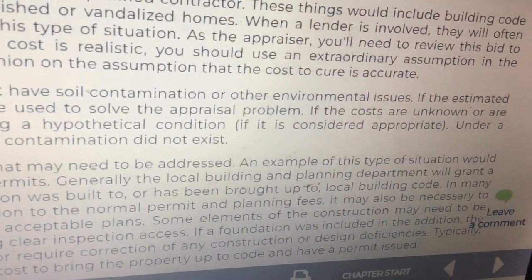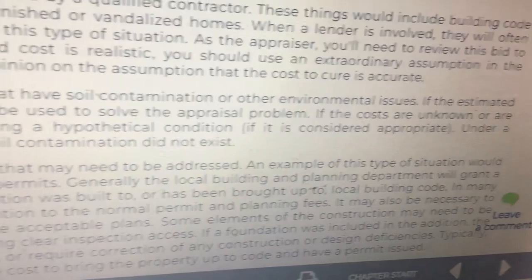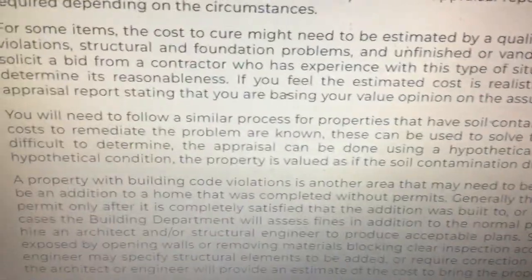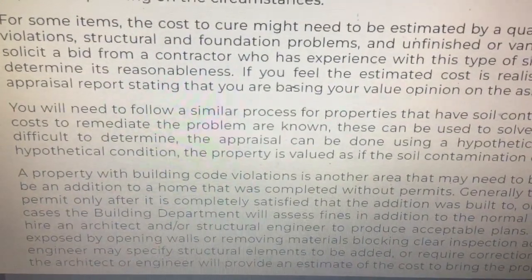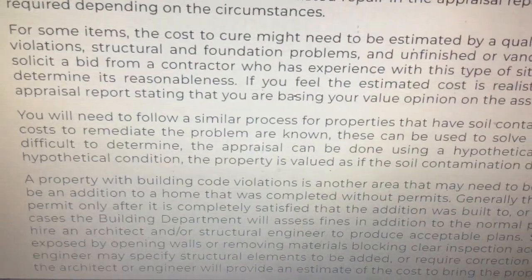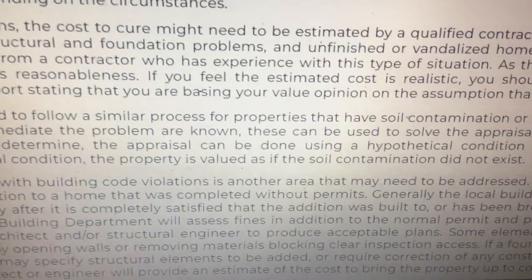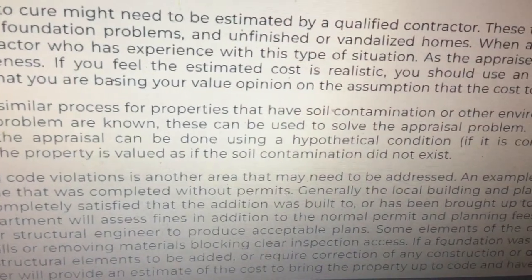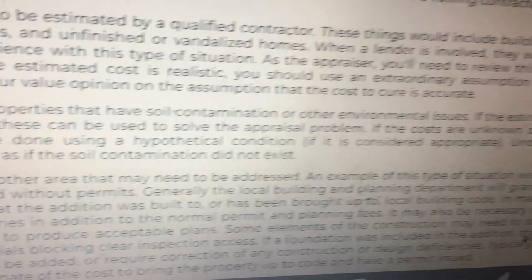Some elements of the construction may need to be exposed by opening walls or removing materials blocking clear inspection access.